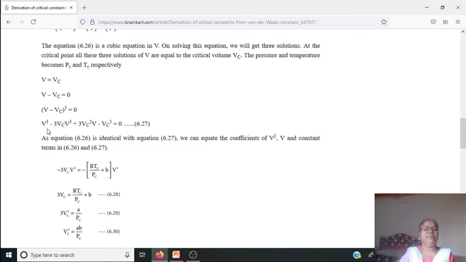And here we can write V cube minus 3 Vc V square plus 3 Vc square into V minus Vc cube equal to 0.